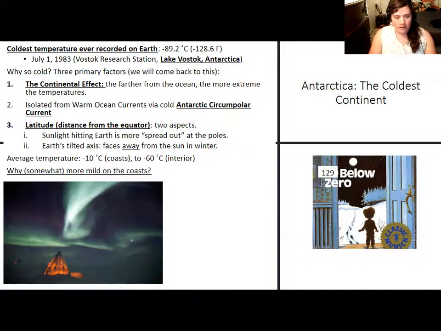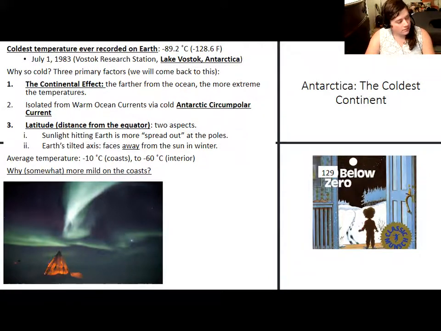And in general, the fact that Antarctica is a large block of continent, unlike the Arctic, which is an ocean. Well, if you're taking an average temperature, you're going to be taking data points from the center of the continent too, and a lot of Antarctica is really far from the ocean. The continental effect is the fact that the farther you are from the ocean, the colder it is, or in general, the more extreme temperatures are.